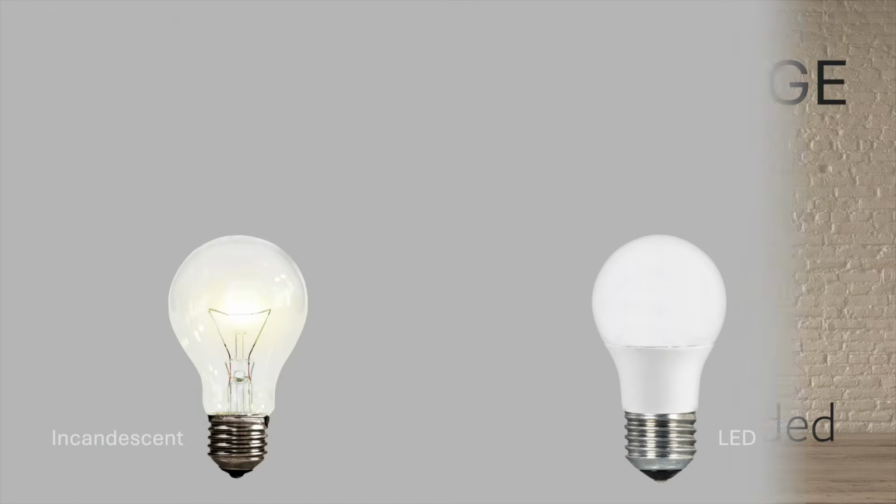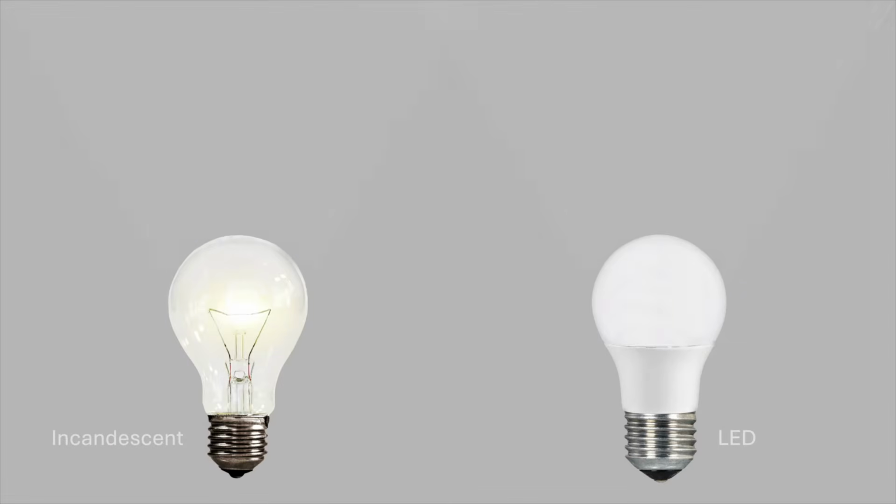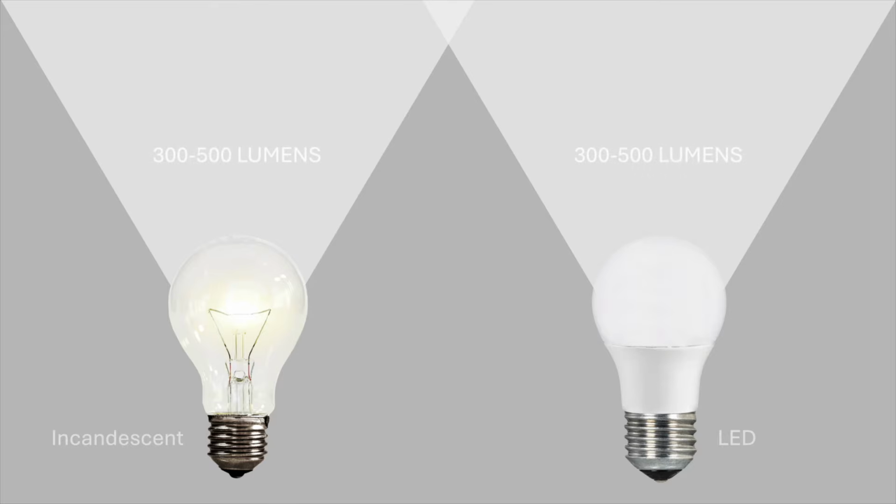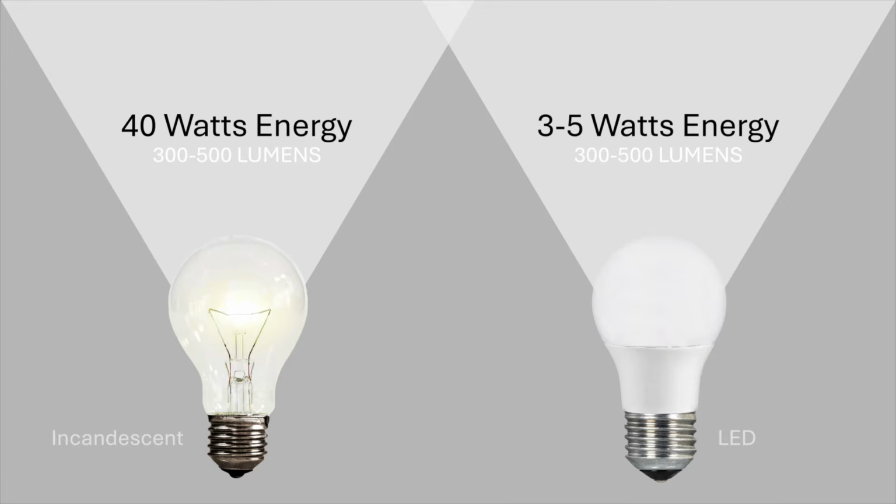If we compare two different light bulbs that emit the same brightness level, 300 to 500 lumens, a moderately bright bulb, an incandescent bulb will use 40 watts of energy to produce that light, while an LED bulb will use 3 to 5 watts of energy to produce the same. Different levels of energy can produce the same brightness depending on the light source.